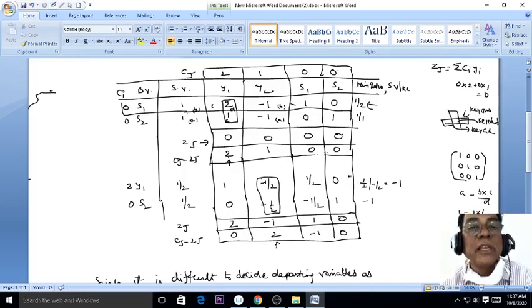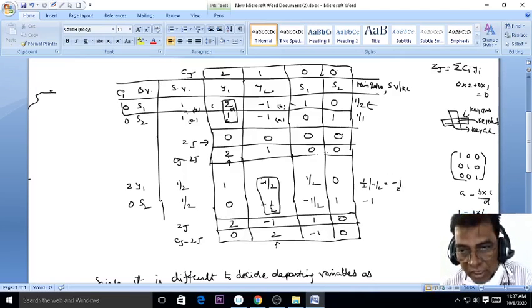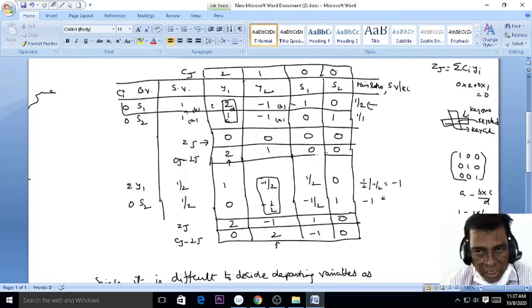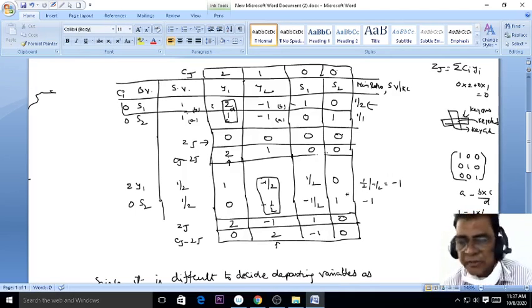Here SV is 1 by 2, key column is minus 1 by 2, so write minus 1. If both are negative values, immediately stop the problem and don't continue. If any one of these two is positive, take that row as the key row. Once you get the key column and key row, apply the same logic, A minus B into C by D.